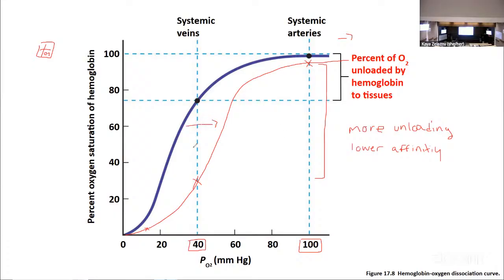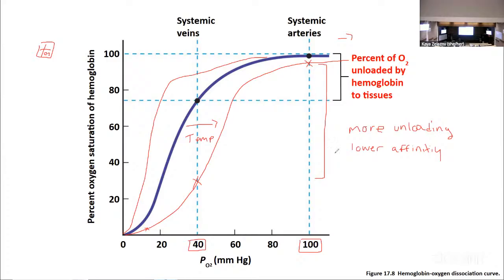So if you see an increase in temperature, we'd create a rightward shift with this lower affinity. We could also see leftward shifts, right? So a lower temperature makes it easier to load oxygen, higher affinity, but more difficult to unload.